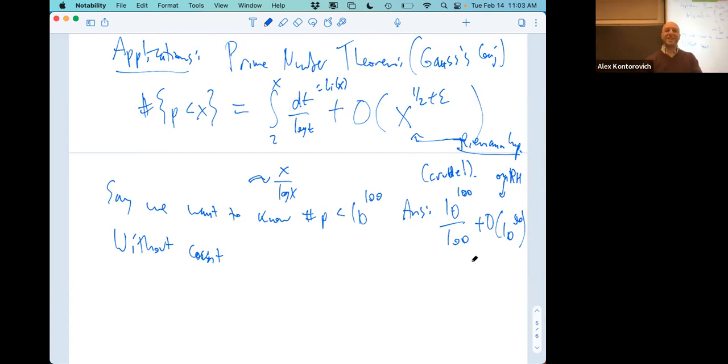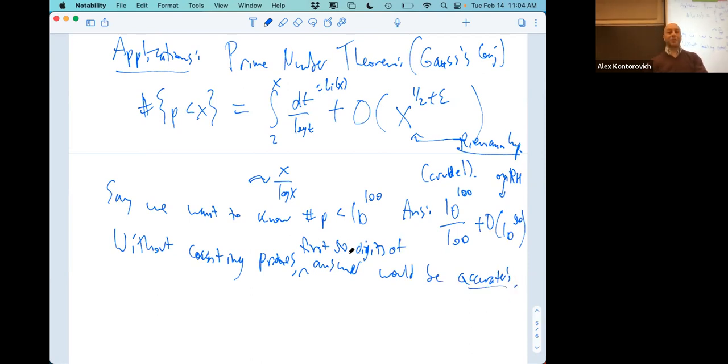If we could get it more precisely, then there would be no zeros of the Riemann zeta function off the line. That would settle the question: without counting any primes, the first 50 digits of the answer would be accurate.